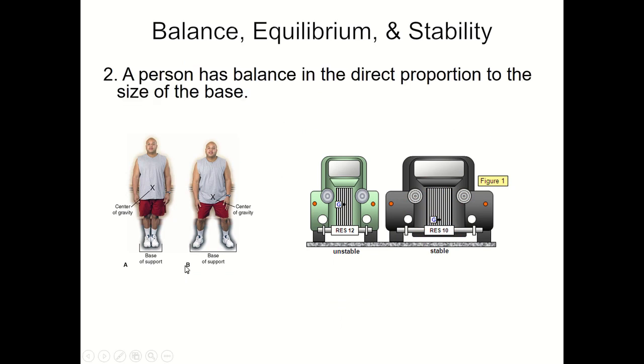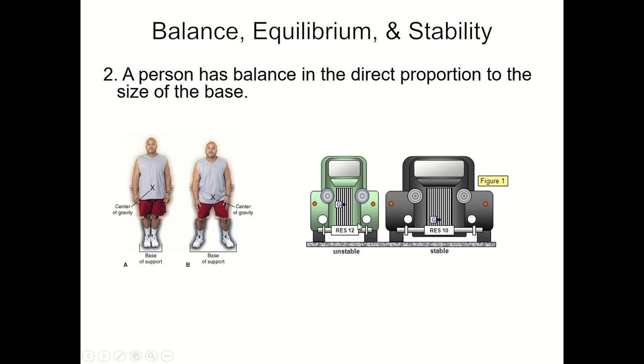So a person has balance in direct proportion to the size of the base. So when your legs are together like this, see your center of gravity? It's higher. You are more likely to fall in this configuration than if your base of support is a lot wider, because your center of gravity comes much lower.